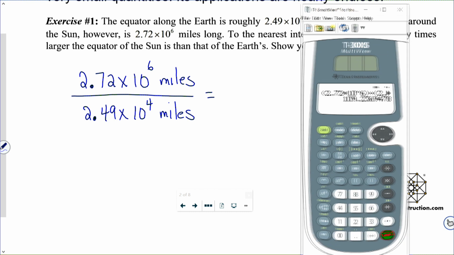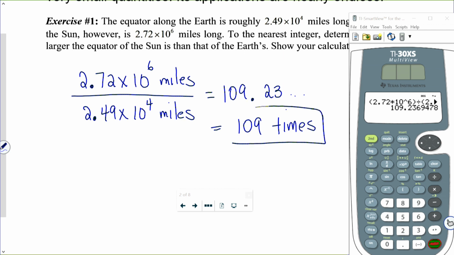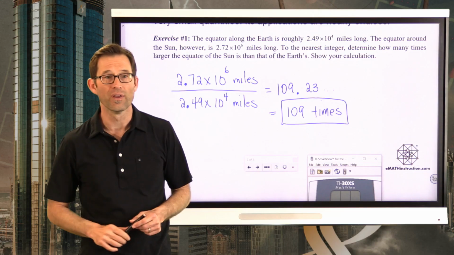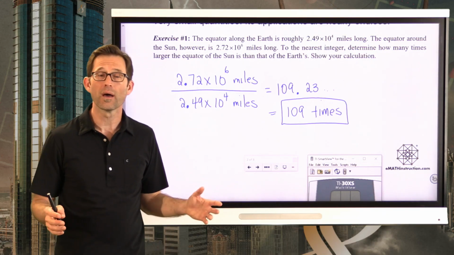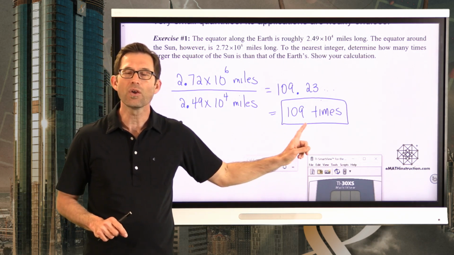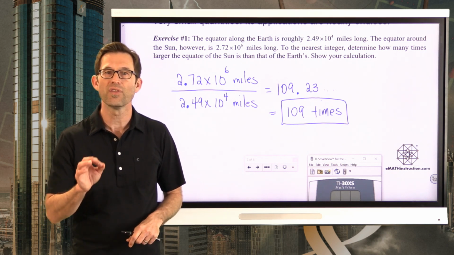I hit enter and I get an answer that is in non-scientific notation mode, which is good. So I can say that the Sun is 109 times greater around its equator than the Earth is. That's a lot, right? The Sun is large, and so is the Earth, but the Sun's equator is 109 times larger than that of the Earth.